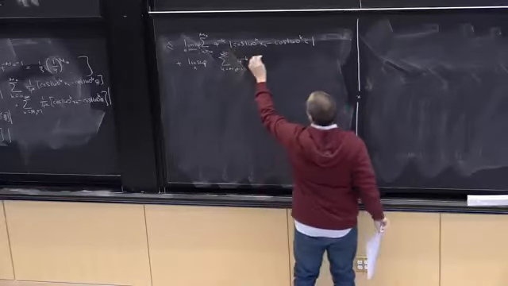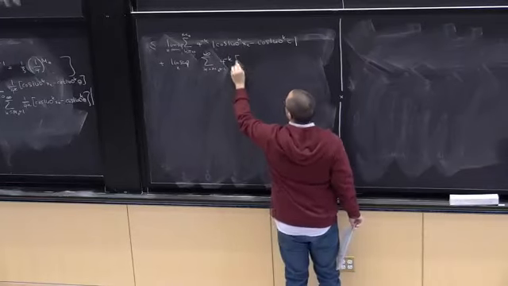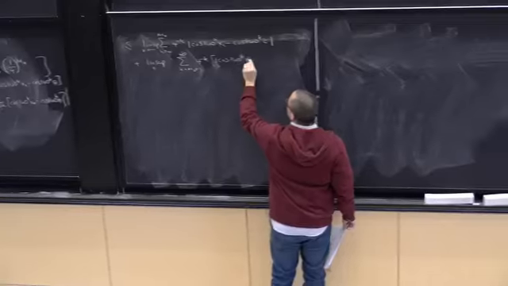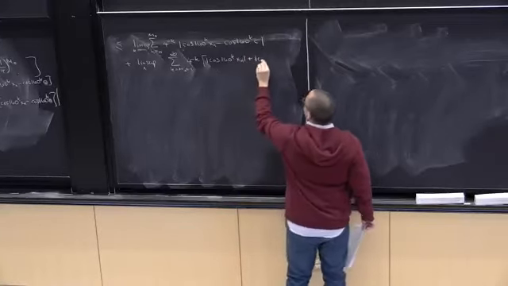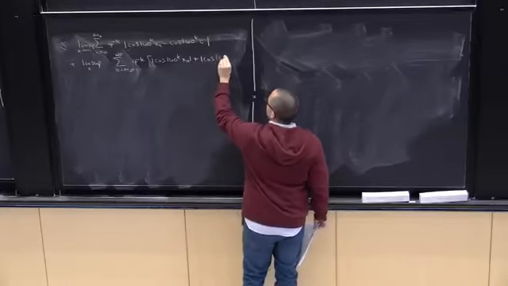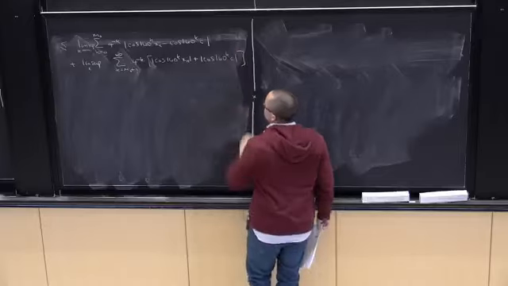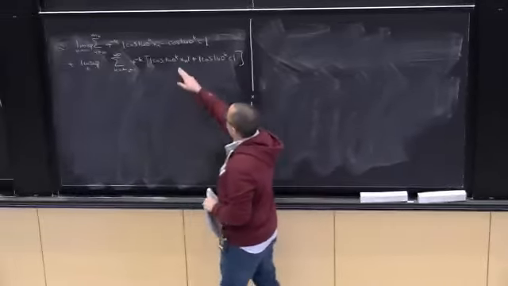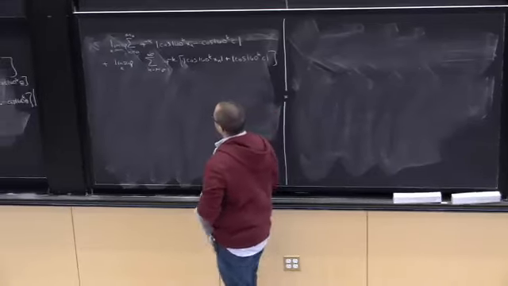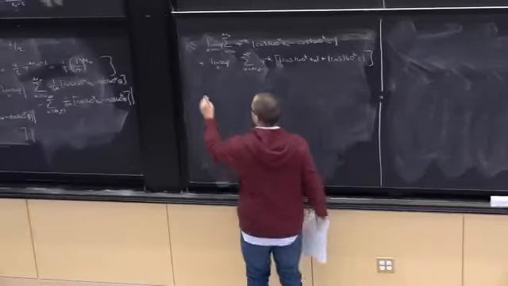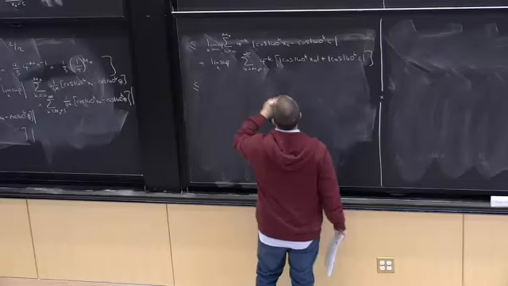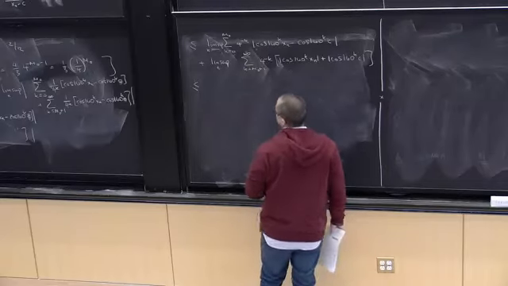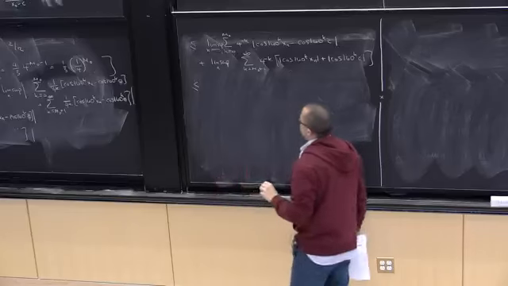Now, I apply the triangle inequality to that. Now, cosine of anything is always bounded by 1, so this is bounded by, first off, let me come back to this second one. M0 is fixed. Remember, this is not changing with n. It's just fixed.